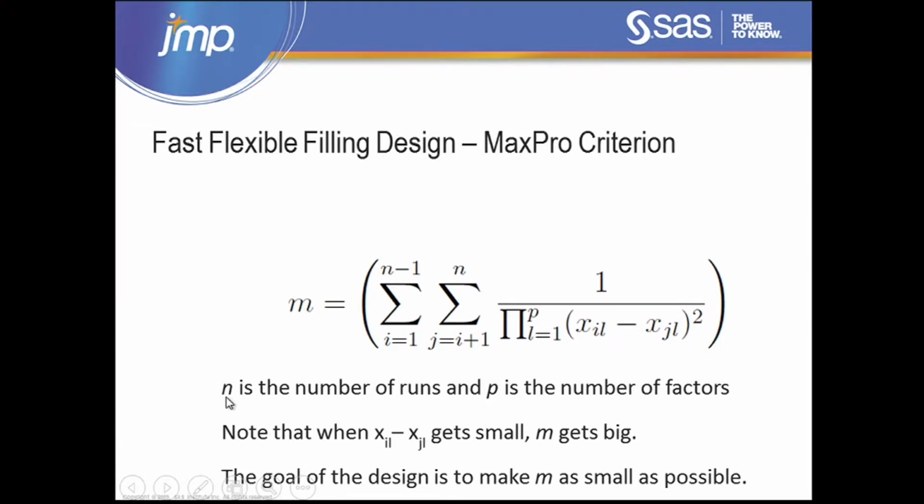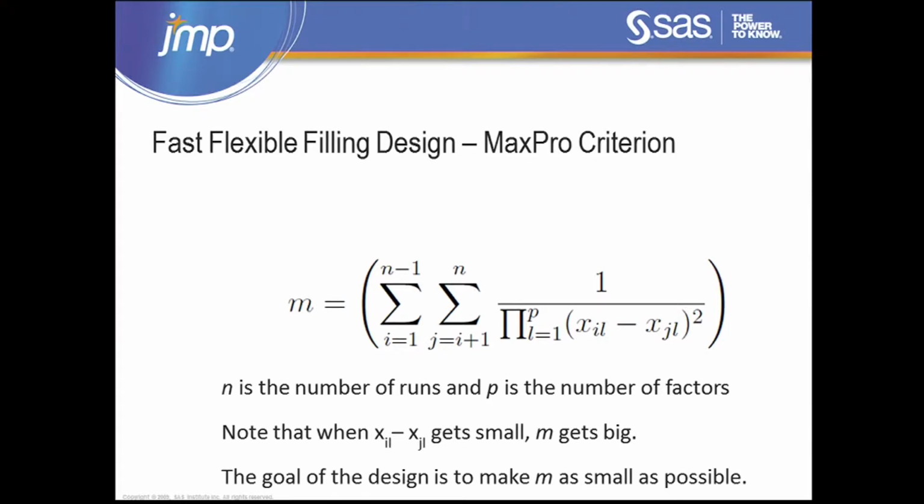So N is the number of runs that you're going to do, P is the number of factors, and if x_il and x_jl get small, then this product is going to get really big. So what you want to do is make this measure small. If you do that, you're forcing the points apart from each other.